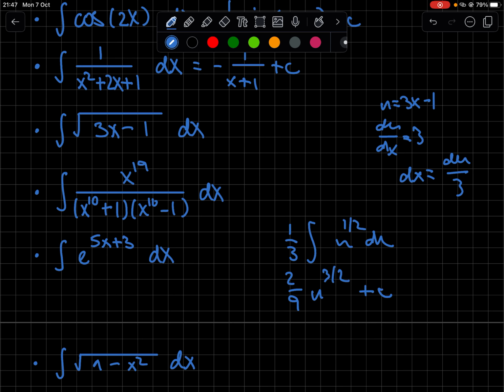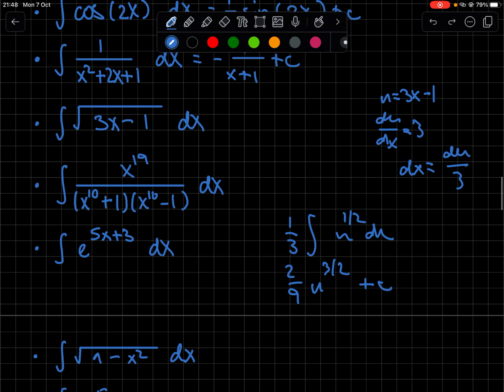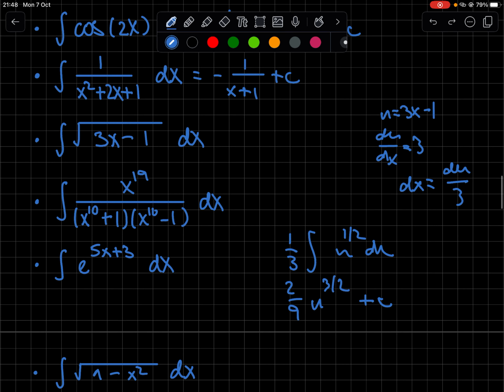Plus c. So let's see if we differentiate whether it will work out. We get 2 over 9 times 3 over 2 times u to the power of 1/2. And then these cancel out. 3 over 9 is 1/3 u to the power of 1/2. Okay, it works out. Sorry, I don't know why this took so long. But 2 over 9 times u to the power of 3 over 2 should be the correct integrated form.